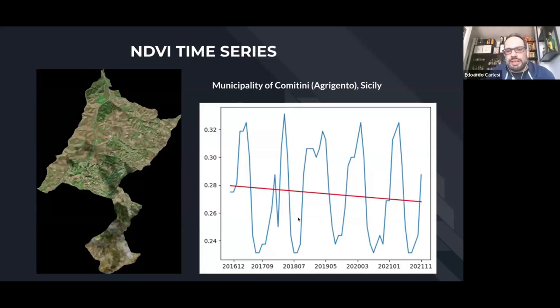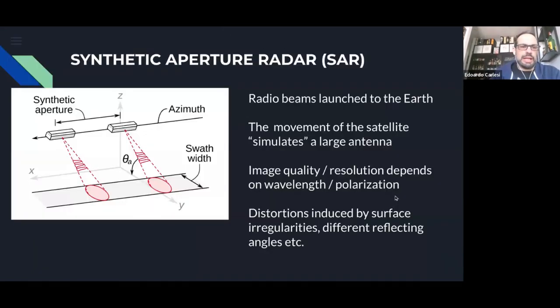You see seasonal patterns related to the fact that in the summer, the vegetation gets drier. It's pretty easy to understand. But we want to extrapolate the trend, and this is what we did. So we see a trend in the last years, for example for this municipality, highlighting a decline in the greenness of the vegetation in this area. This is just to show an application.